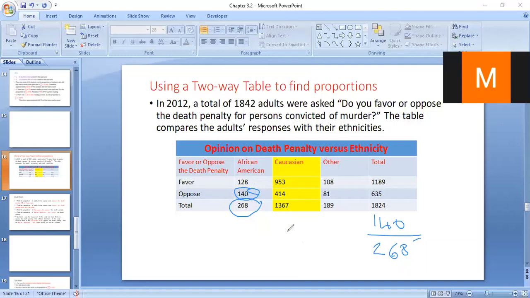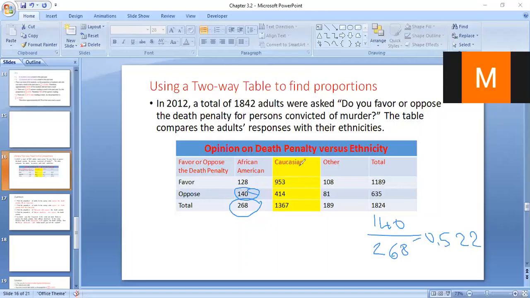So you divide 140 by 268, you get 0.522. This is the proportion of the African American who uphold the death penalty.